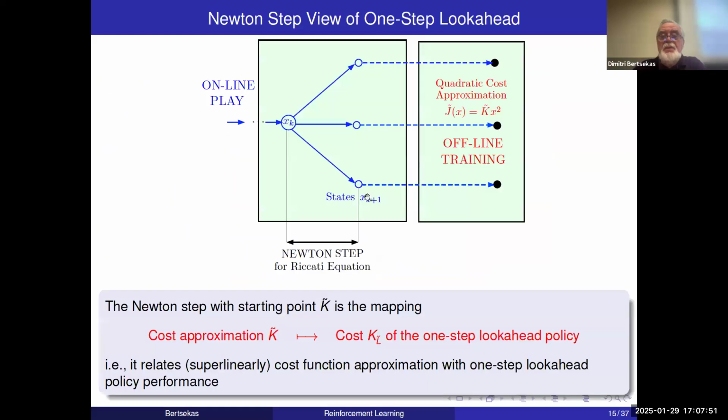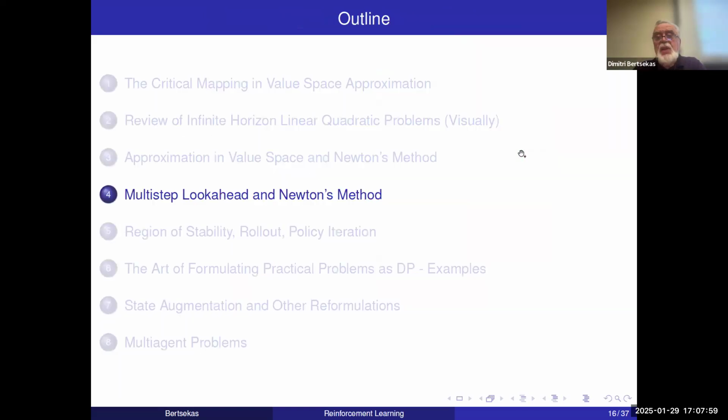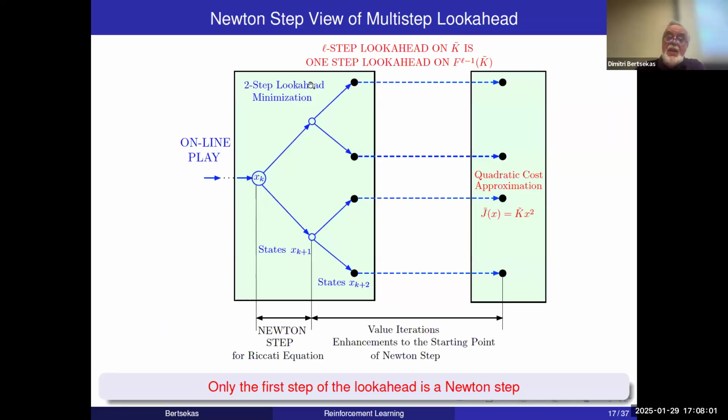So the previous figure was one step look ahead, and instead of having this in multi-step look ahead, what we have is this entire thing that includes an extra step, or more generally, L-1 extra steps with a Riccati operator. So L step look ahead is really one step look ahead.